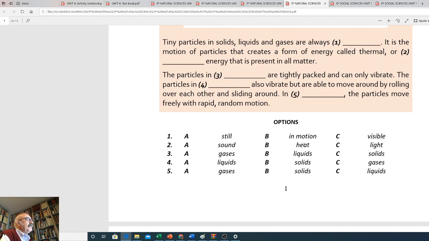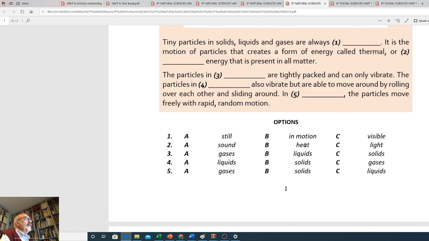Talking about thermal energy. A synonym with thermal energy is sound energy, do you think? I don't think so. Light energy? I don't think so. Heat energy. This is the correct answer.